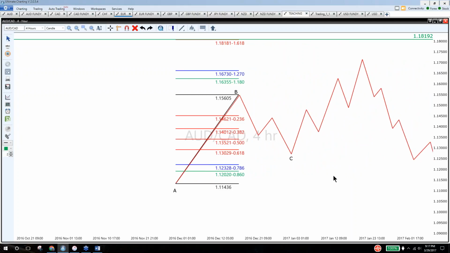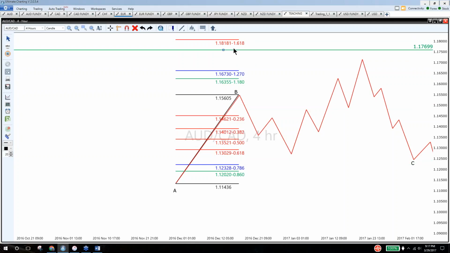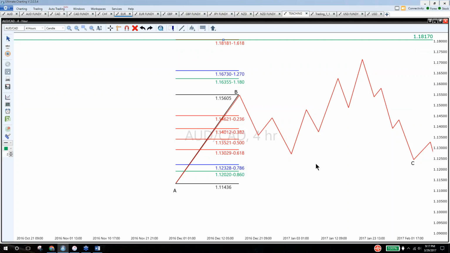Now, once again, I've got a change here. Right? Deeper C. Has the C gone deep enough to merit a change with respect to my D extension? Nope. So my overall target remains the 1.618.